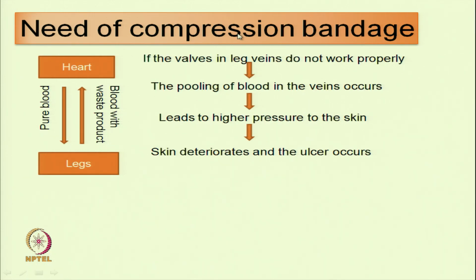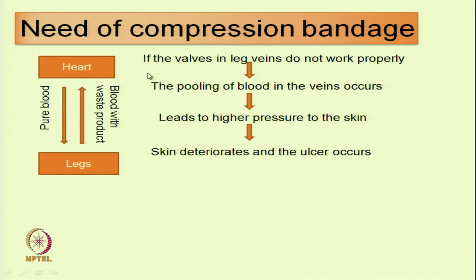Now, if you see the picture in this figure, here is a heart and here is a leg. Pure, oxygenated blood and blood with food comes to the leg and various parts of the body. We are talking about the leg because the ulcer takes place mainly in the leg, and from there, for proper functioning, blood with waste products goes back to the heart.